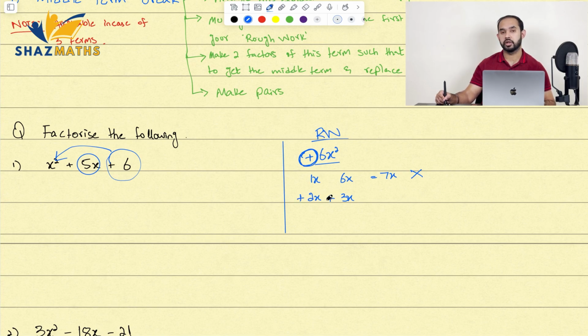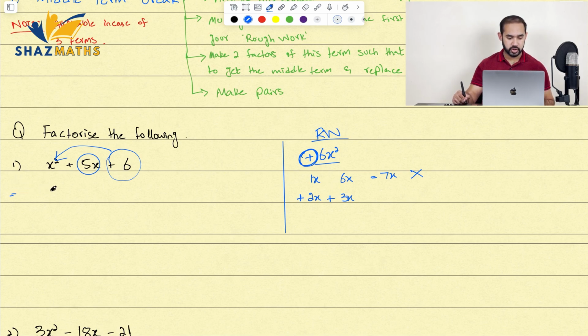It does not matter even if you write plus 3x first and then 2x after that. All right, so the step was you will think about the factors of this number such that you add or subtract them in order to get the middle term, and then you will replace the middle term by those two factors. So this is what I am about to apply now.